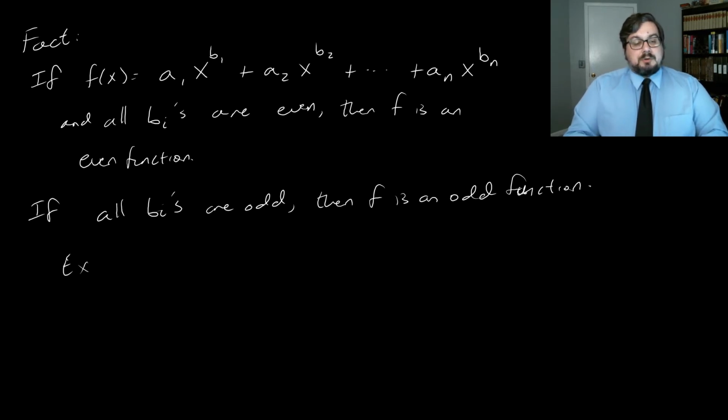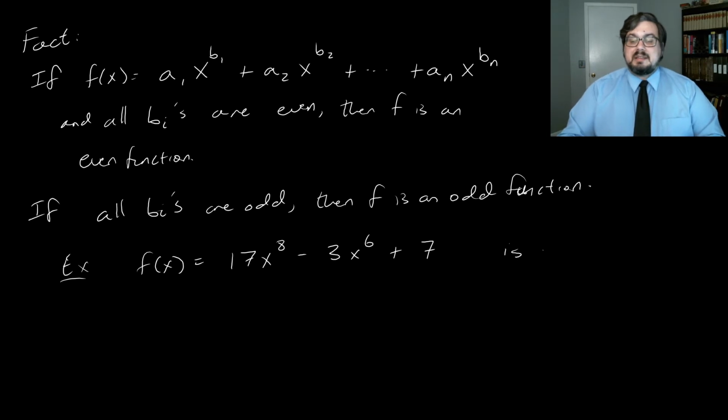So, for example, if I look at the function f of x equals 17x to the 8th minus 3x to the 6th plus 7, this is an even function.